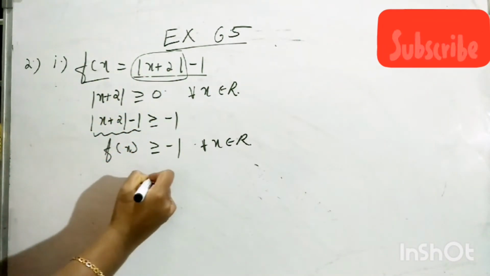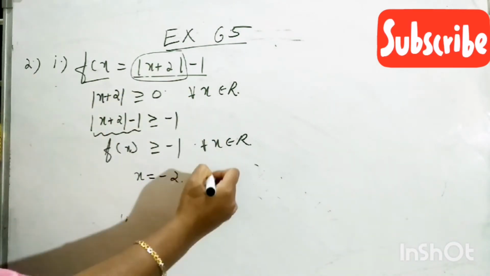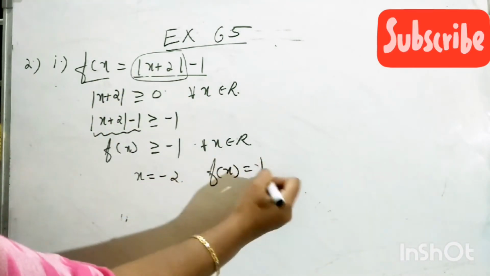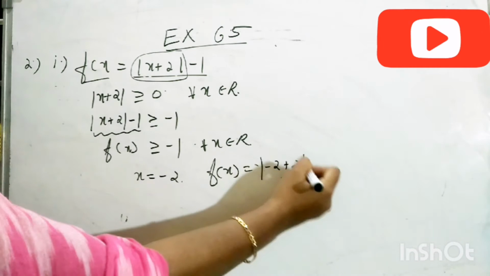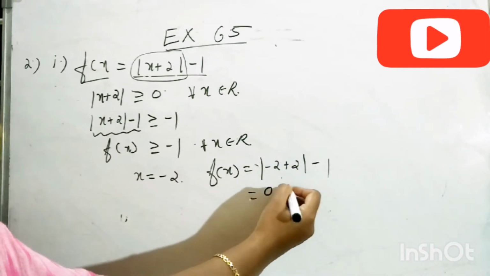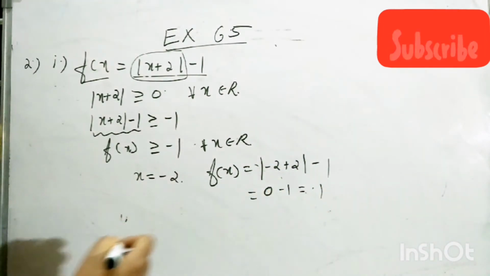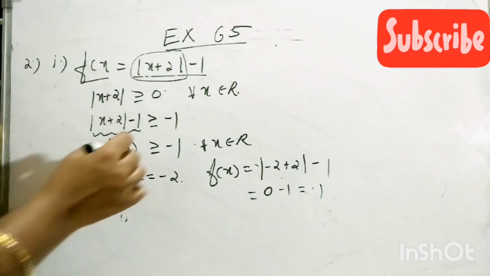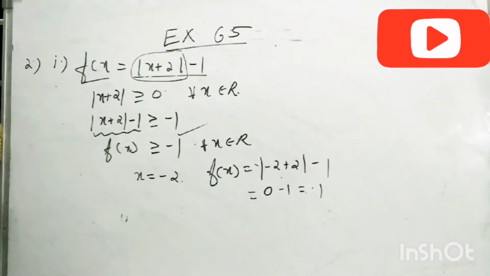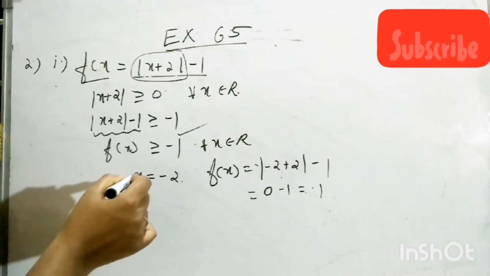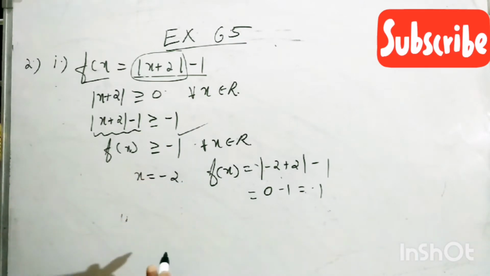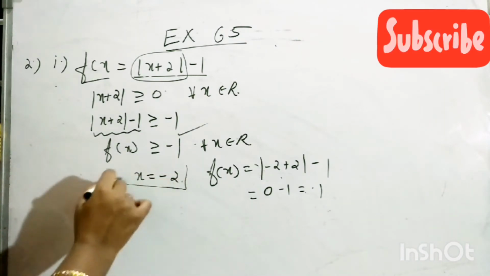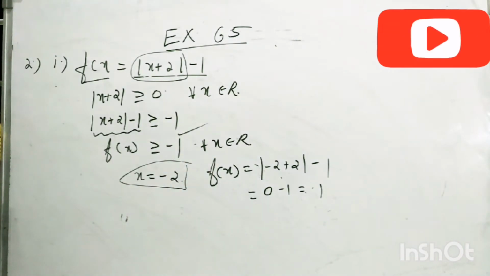If x is equal to minus 2, then f of x is minus 2 plus 2 minus 1, that is 0 minus 1, which is equal to minus 1. Therefore, f of x has a minimum value minus 1 at x is equal to minus 2. But we don't know about the maximum value.